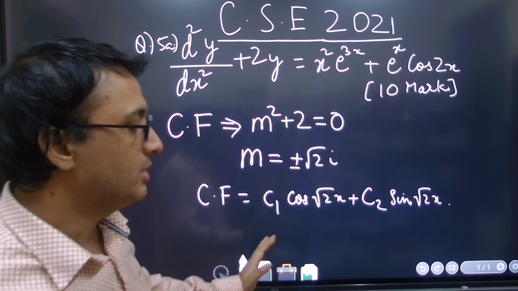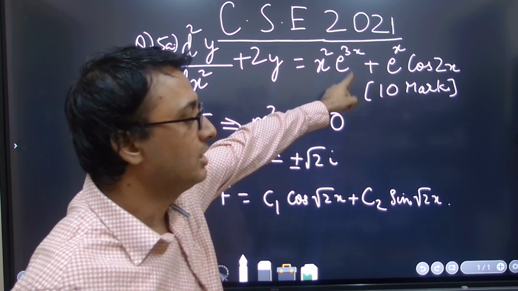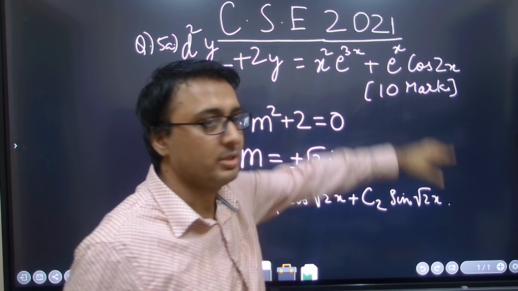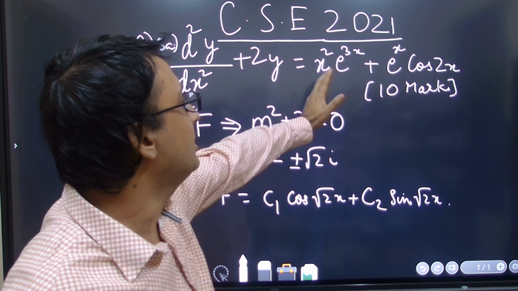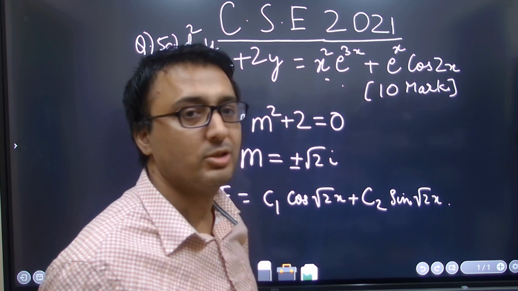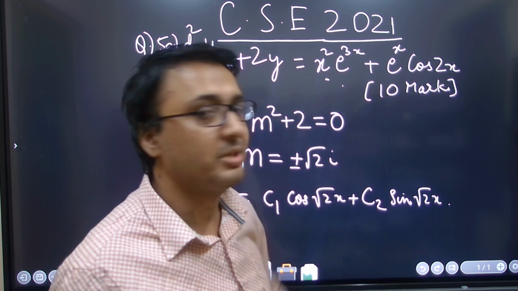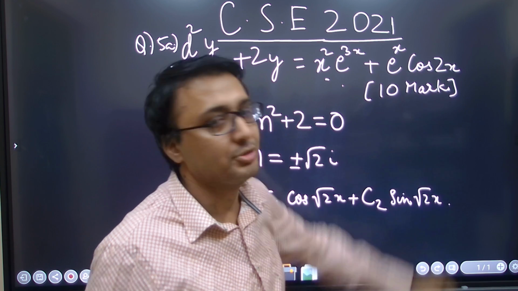Now we want to find the particular integral corresponding to x square e to the power 3x and e to the power x cos 2x. If you look at the right hand side, it is a composition of two functions: one is algebraic and the other exponential, and one is exponential and another sinusoidal.